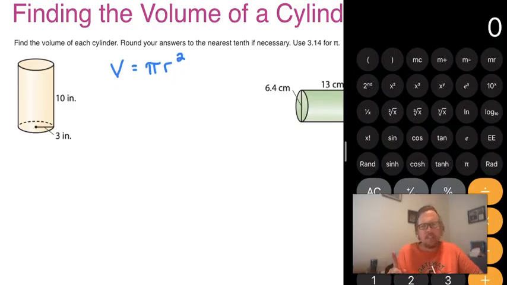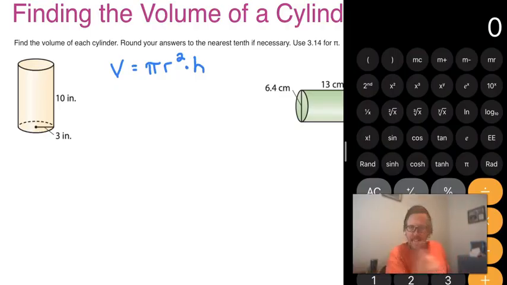The bottom of a cylinder is a circle, so we're finding the area of that circle on the bottom. The way that we get the volume, meaning the entire inside of the cylinder, is we take the area of that circle and then multiply by how tall the cylinder is. So it's pi r squared multiplied by the height of that cylinder.